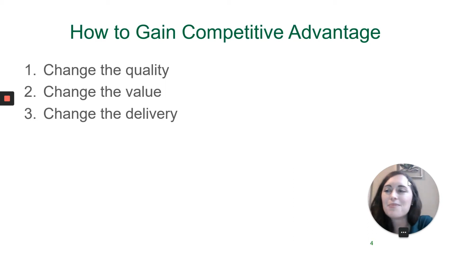So there are three ways that you can gain competitive advantage. The first is to change the quality. Let's think about cosmetics or makeup. We know there's hundreds of cosmetic companies on the market. You have to think about a lot of different factors when it comes to those cosmetics.